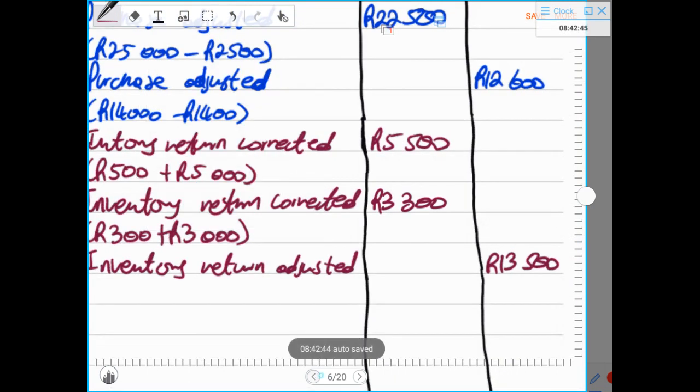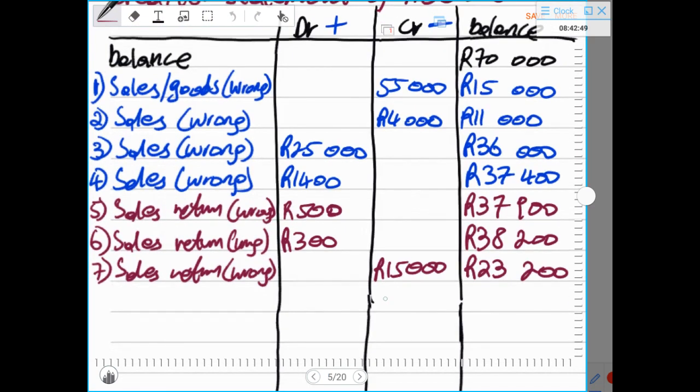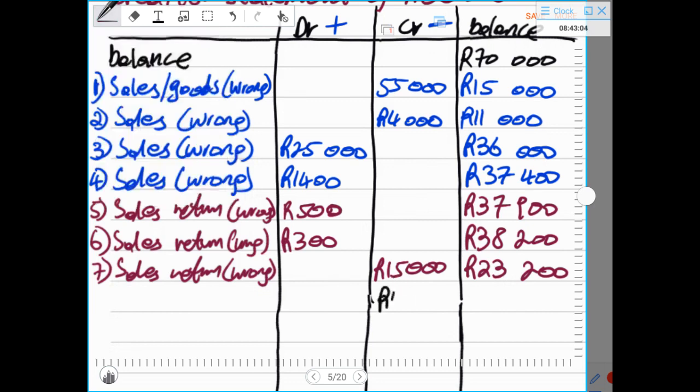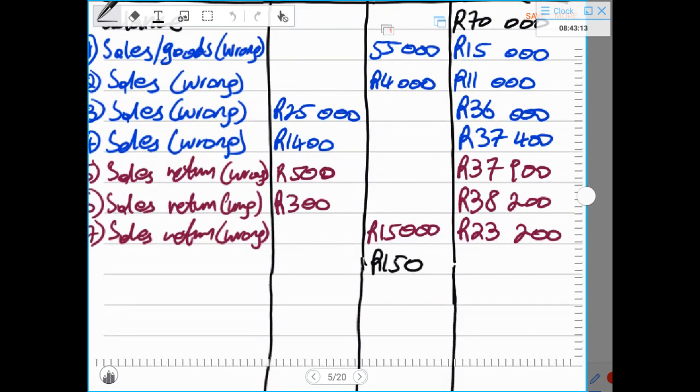Now let me just explain the other angle. Had this amount been recorded as 150, take note, if this was 150, let me just use a different color because I will not be redoing this. I just want to explain it to you. If we had recorded 150 instead of 1,500, that will mean what we have reduced is less than what it was supposed to be.